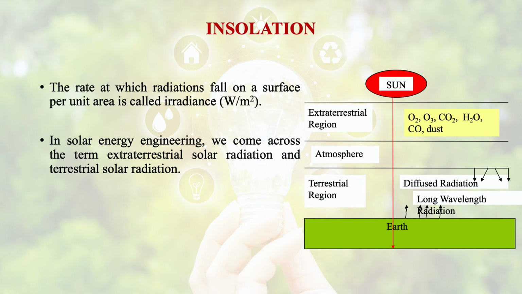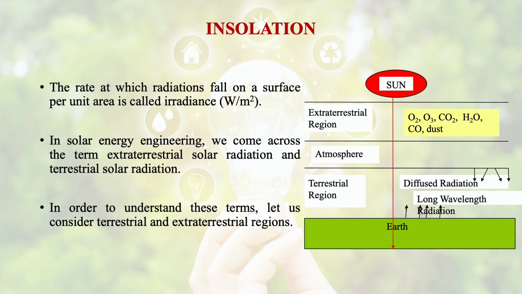If we talk about the engineering behind the solar energy, we come across the terms extraterrestrial solar radiation and terrestrial solar radiation. In order to understand these terms, let us consider terrestrial and extraterrestrial region. Below the atmosphere, it is the terrestrial region, and above the atmosphere, it is the extraterrestrial region. In the terrestrial region, what is there?